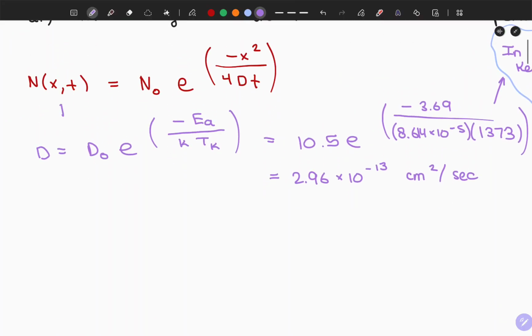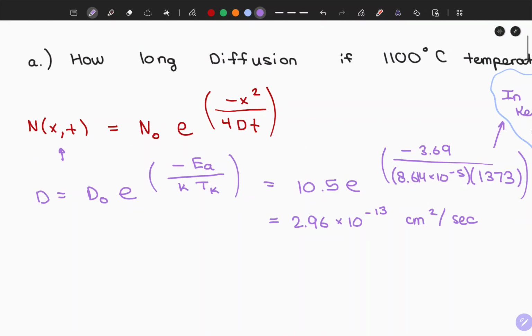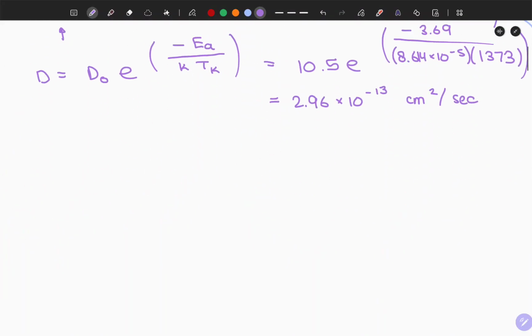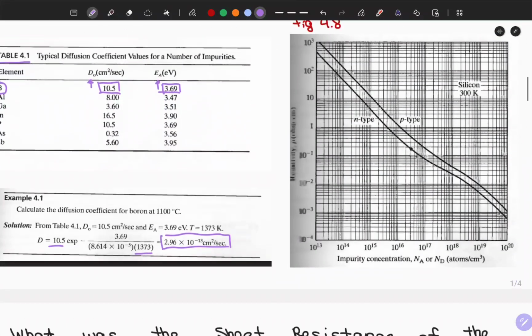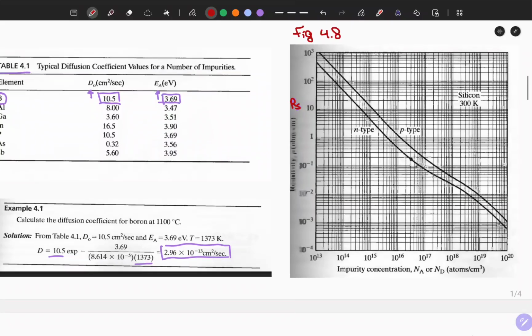Cool. Now we need to solve for the appropriate impurity concentration. And we know that it will occur at the junction depth of 4 micrometers. So how do we solve for it? Well, because we're given the resistivity, we could relate, using figure 4.8, the resistivity Rs, right? Rs to the impurity concentration. In our case, we have a resistivity of 1. We know it's an N-type wafer.